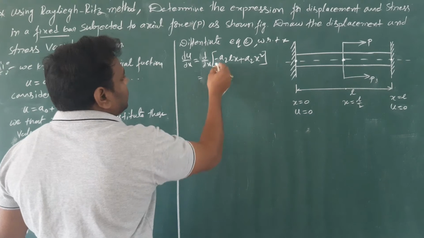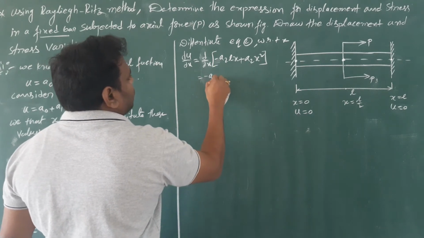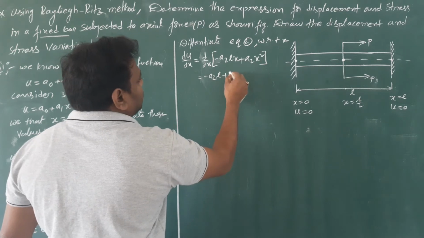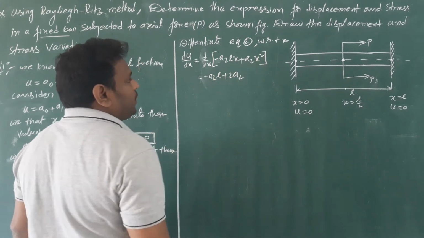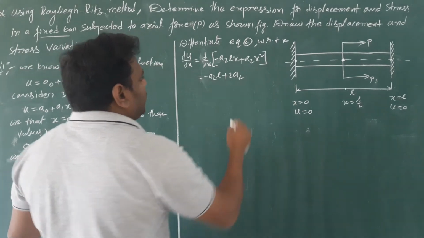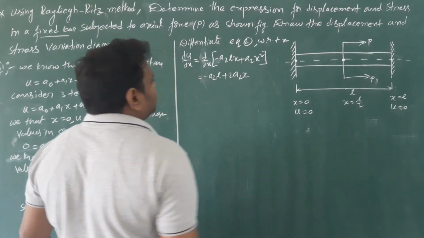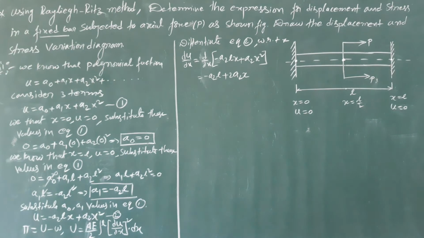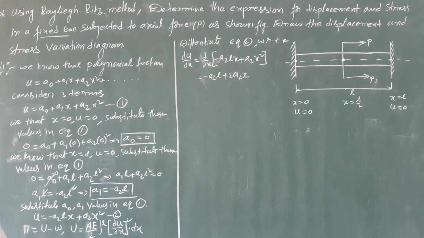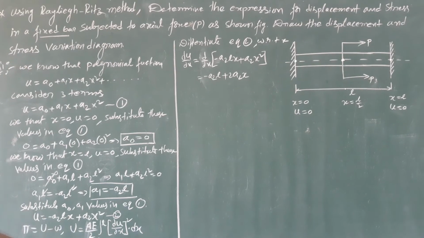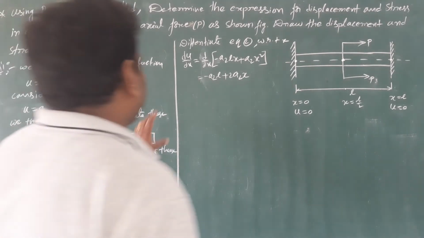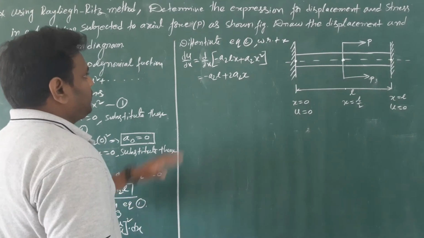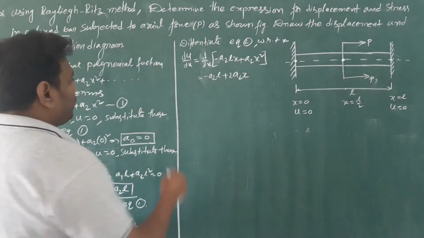Differentiate, that is minus a2 L, x integral is 1, plus 2 a2 x square integral is 2 a2 x. Finally we got this equation, this is dou u by dou x.